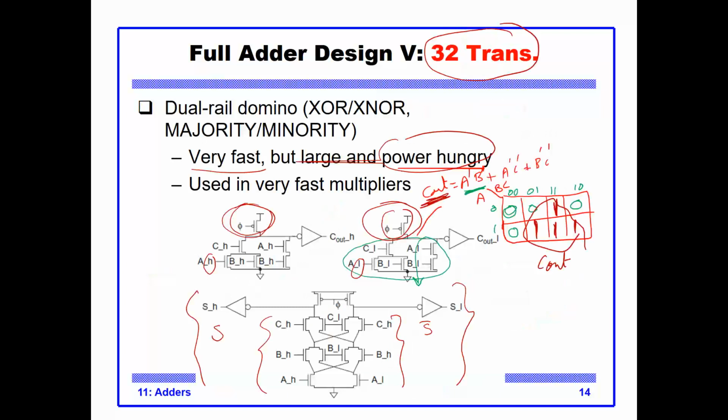Then we went to 32 transistors with the fast circuit that uses dynamic logic, but unfortunately it's power hungry. So that's a survey of what one bit adder design is, and typically, as I said, what is winning nowadays is low power, low number of transistors. Okay, thank you very much.